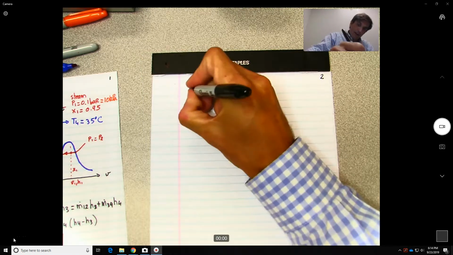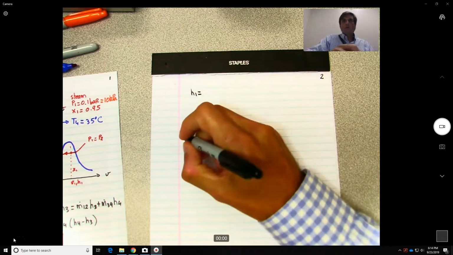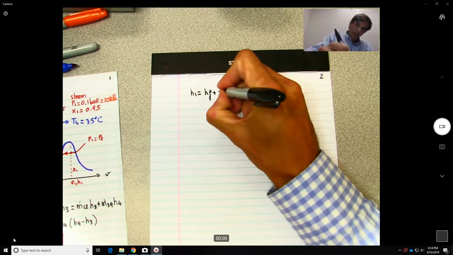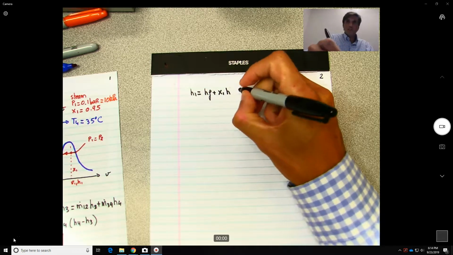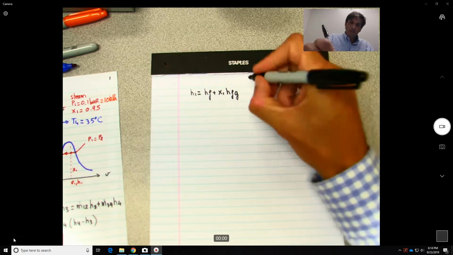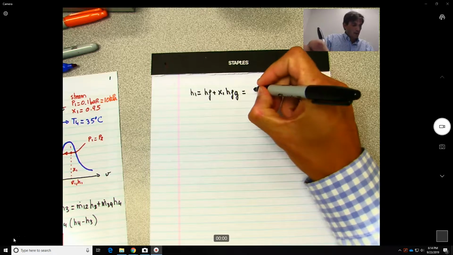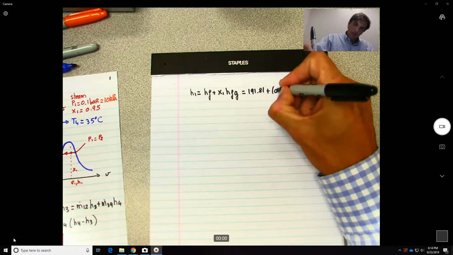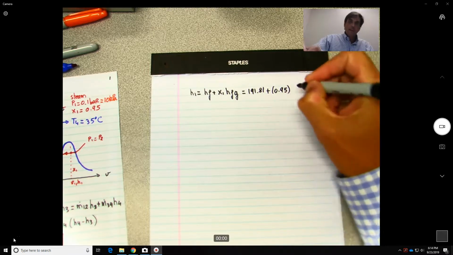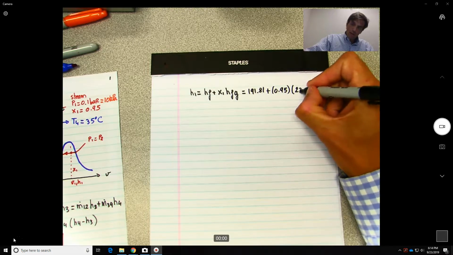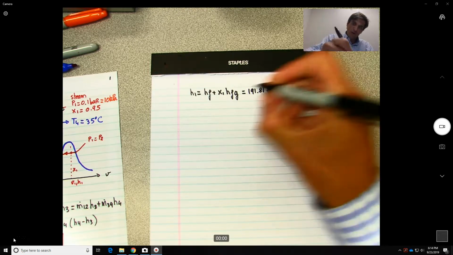we know that H1 will be equal to what? Hf plus X1 Hfg. So this will be equal to what? 191.81 plus 0.95 times 2392.1.